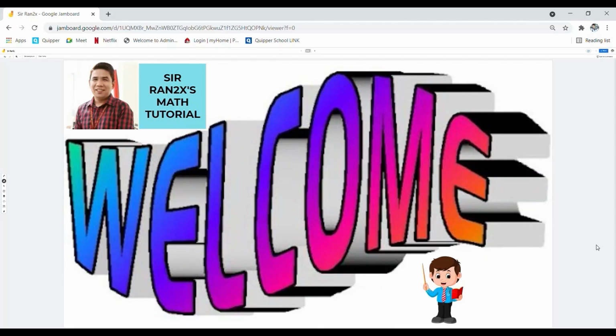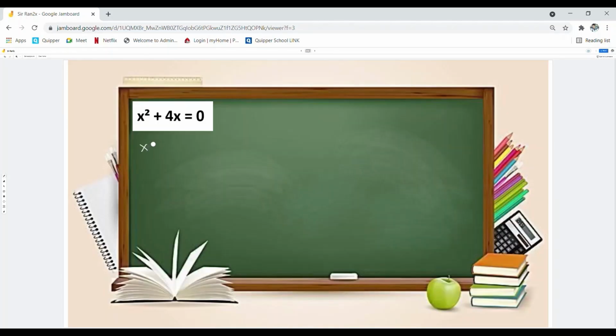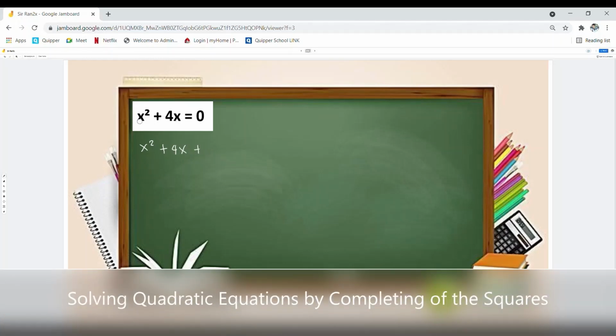Today we're going to continue with part 4 of the lessons that we have in the previous video called solving quadratic equations. So we're going to have another method today in our discussion. Okay, in a short way. So you copy, and our goal is to make this left side a trinomial.